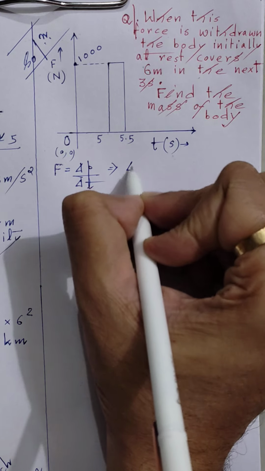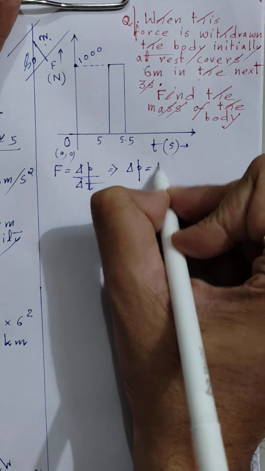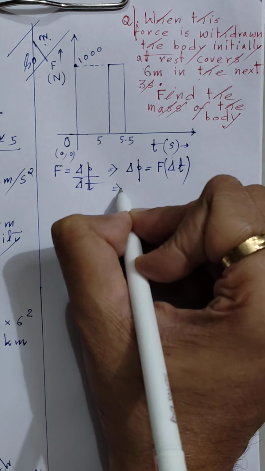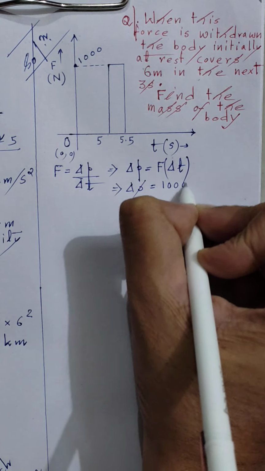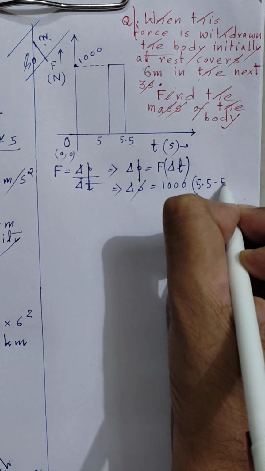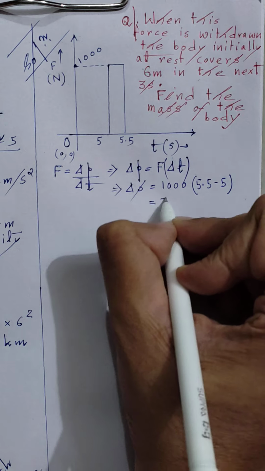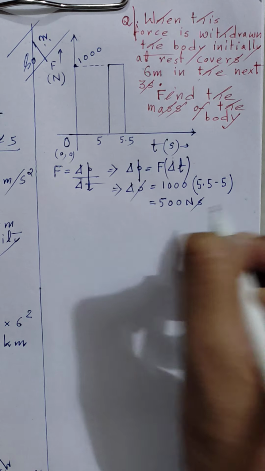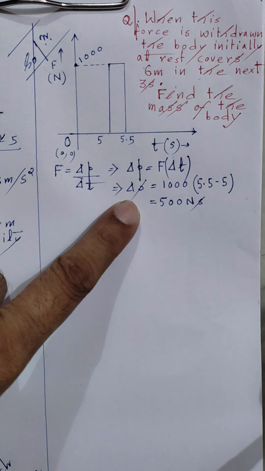So the change in linear momentum of the body is given by F times delta T. As you can see, a constant force is acting on the body. So the change in linear momentum is 1000 multiplied by 5.5 minus 5, so 0.5 into 1000, that will give me 500 Newton second, and that Newton second is also called kg meter per second. So this is the impulse.